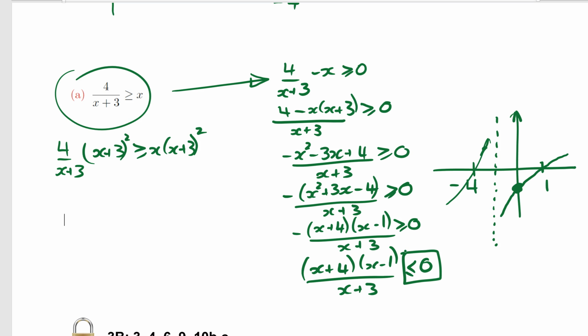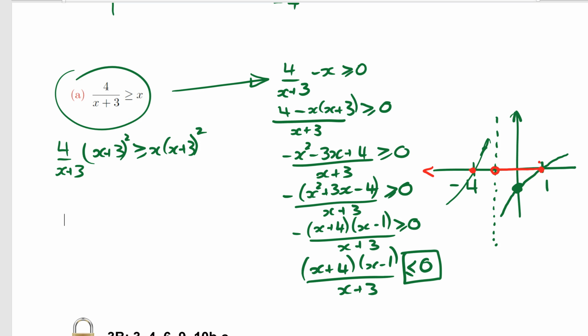So where is that the case? Well, it's the case for any x values going that way and including this x value, and it's the case for any x values between here and here. I can't include that one because it's a discontinuity, but I can include that one.